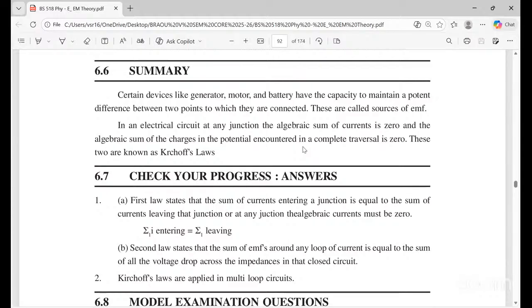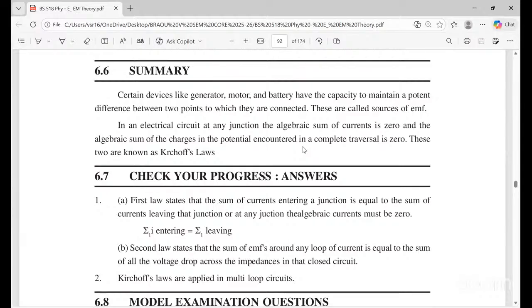But in any electrical circuit, at a junction the algebraic sum of currents is zero, and the algebraic sum of the changes in potential encountered in a complete traversal is zero. These are known as Kirchhoff's laws.